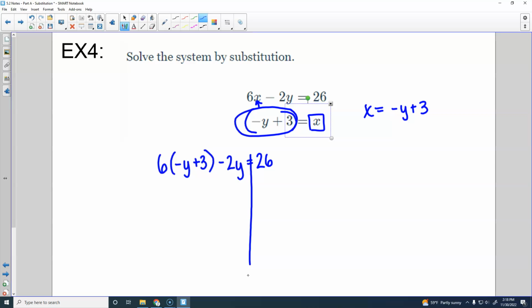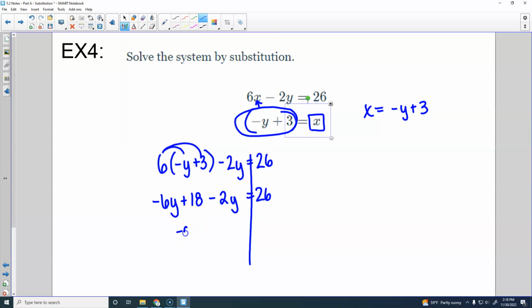Okay. Kama, what would we do to solve that? Good. So that will give us negative 6y plus 18 minus 2y equals 26. What would we do after that? Good.